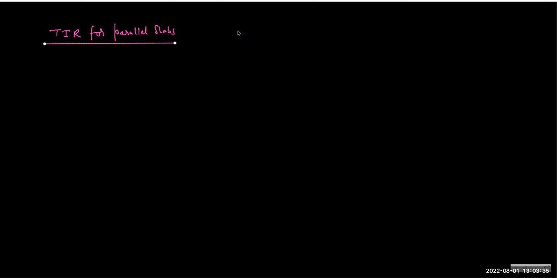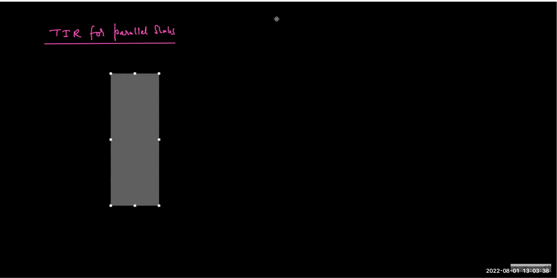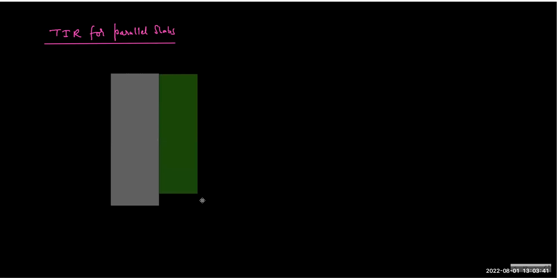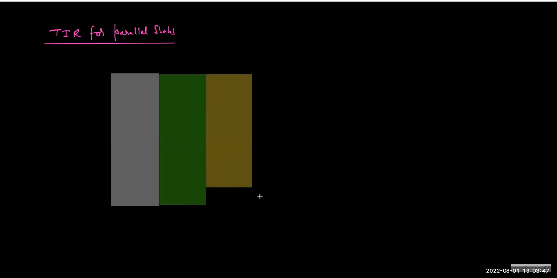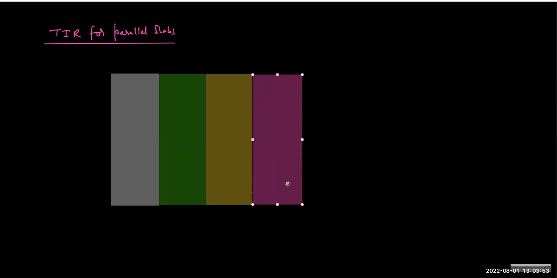So imagine we have four slabs, one, two, three, and the refractive indices are given as n by 2, n by 4, n by 8. So this is given to us.